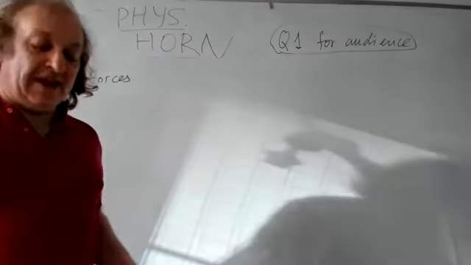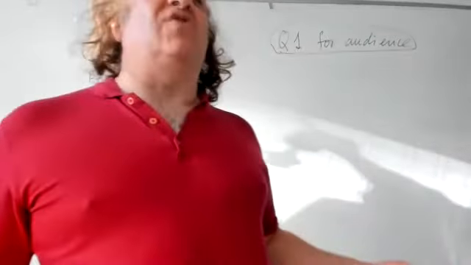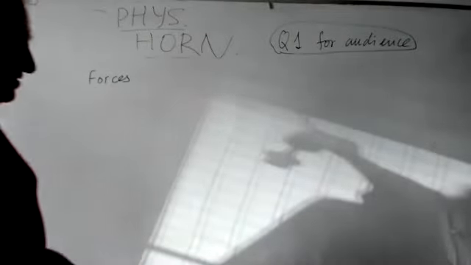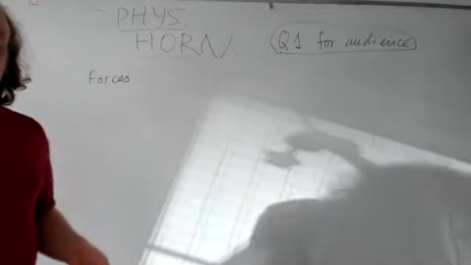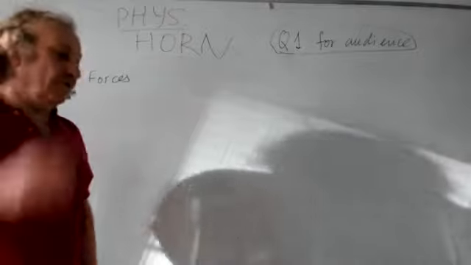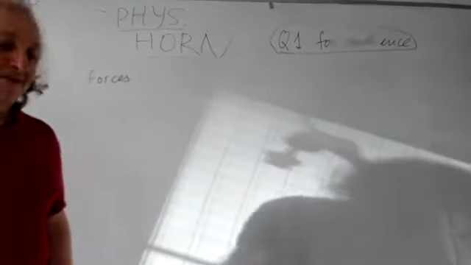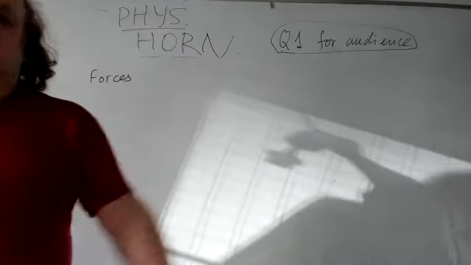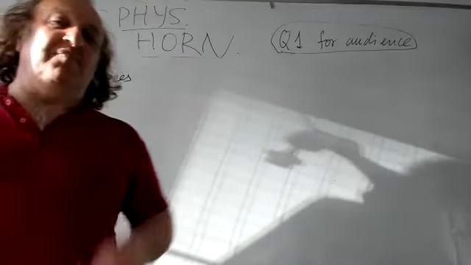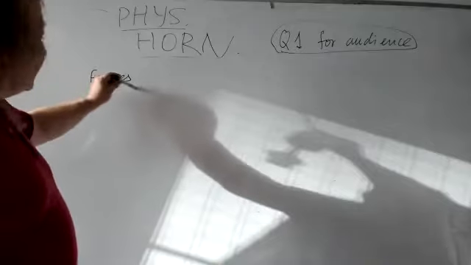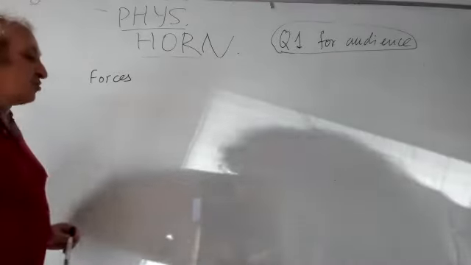That's what he saw around him, and that's why he got this idea. Force actually means violence. You disturb somebody. So bodies disturb other bodies just like people disturb other people. That's what is inside the concept of force.